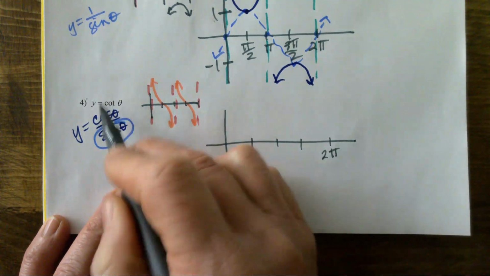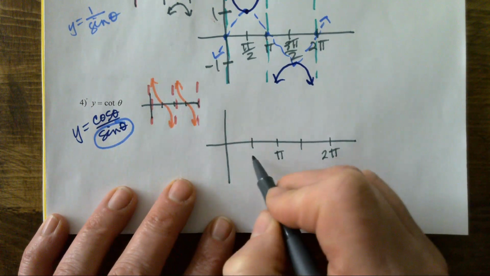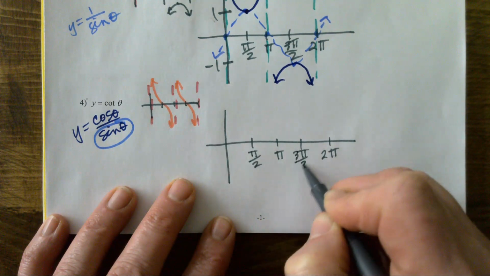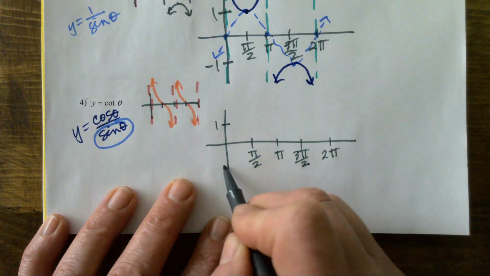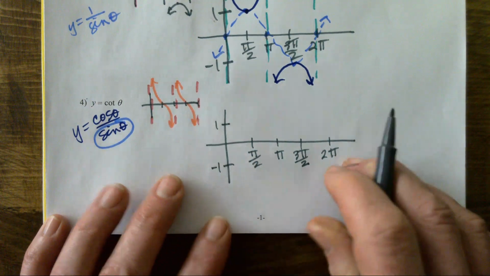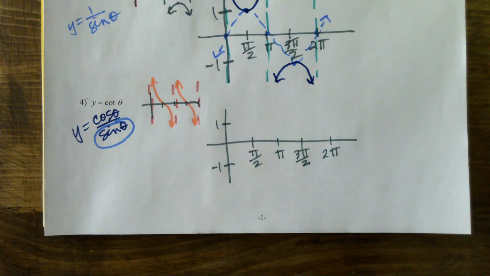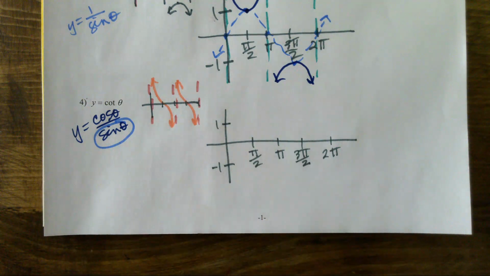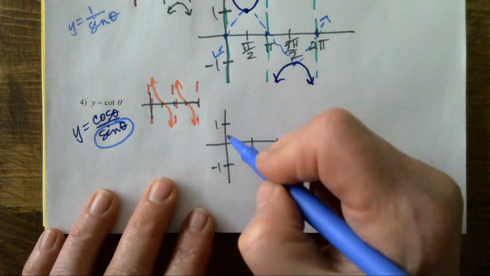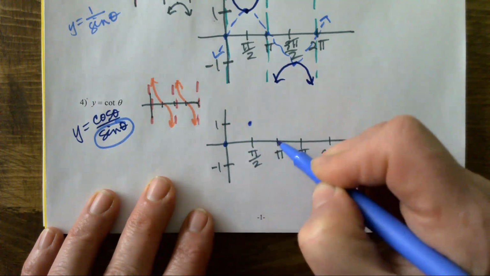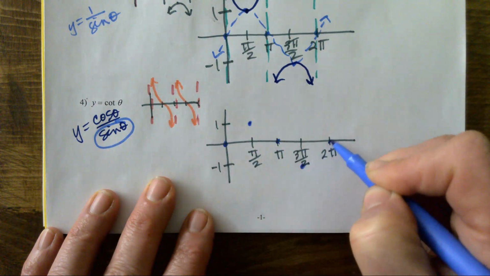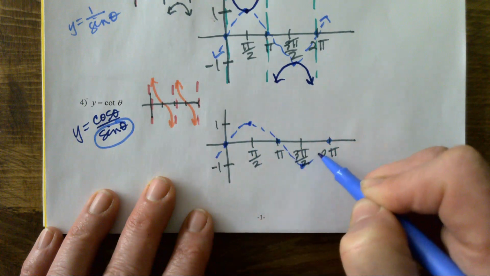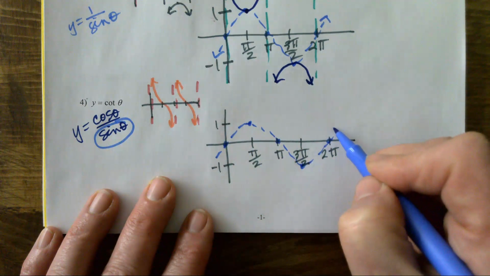Because nothing is done to the angle, we'll still base it off of one lap around the unit circle. I have nothing in front, so I'm going to assume that the amplitude of my sine and cosine is 1. I'm going to sketch a ghost graph of my sine. I keep saying graphed, I don't know why, because I think it's ghost and then my mouth keeps wanting to say tease.